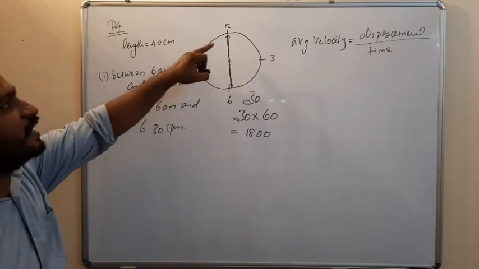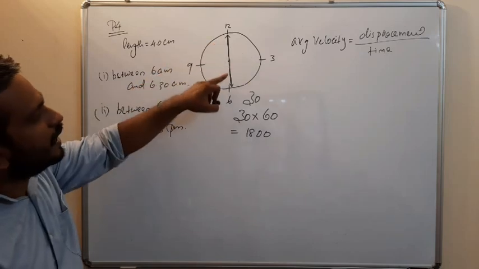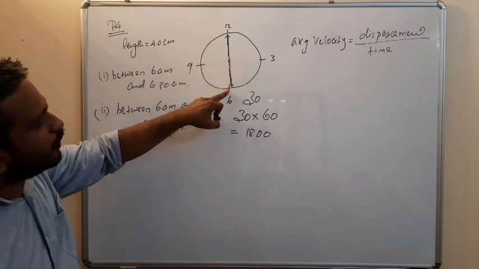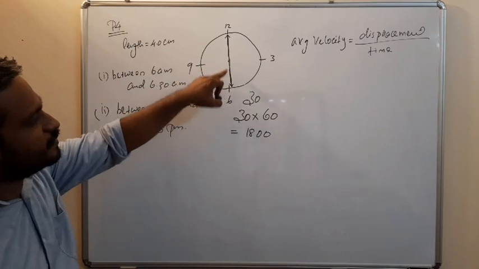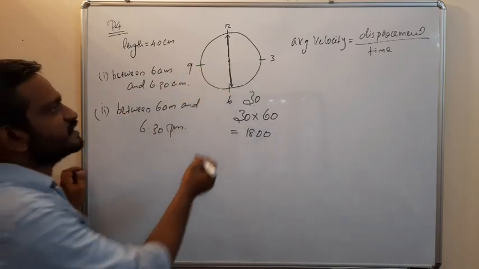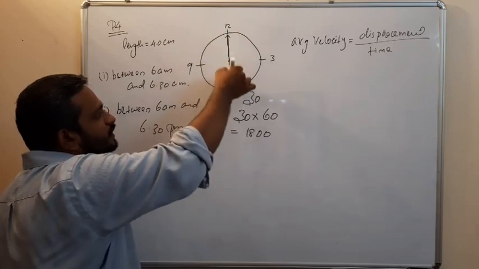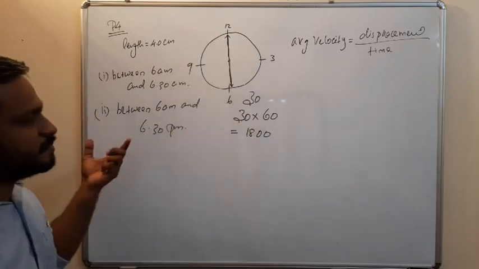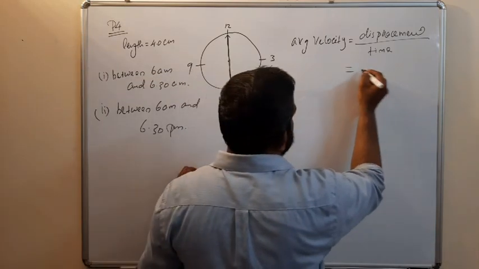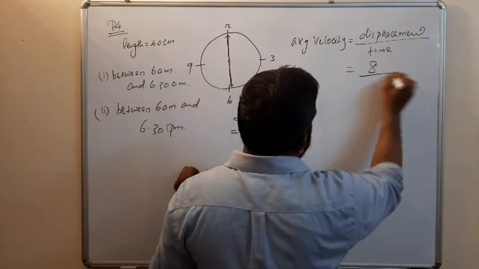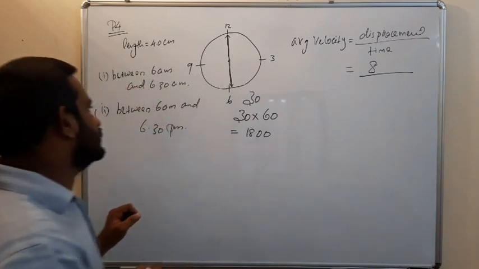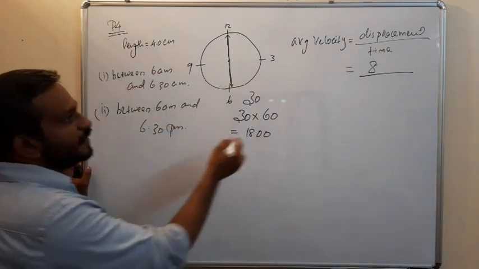So the displacement starting point is this one, and the end point is the position of the minute hand at 6:30 p.m. So what is the displacement? The distance from the start point to the end point. So displacement is again 8, divided by time.